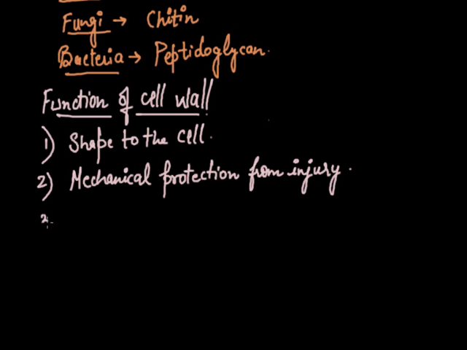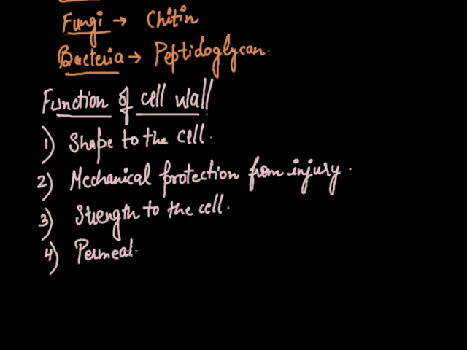As it is outermost and thick and rigid, it provides strength to the cell. And next is it is permeable, that is substances can easily move in and out of the cell.